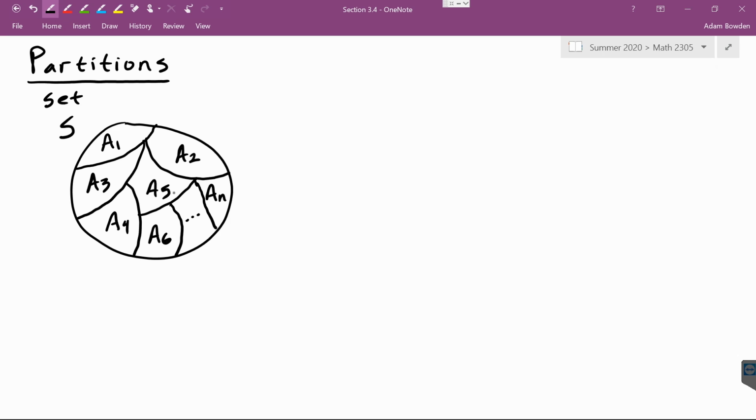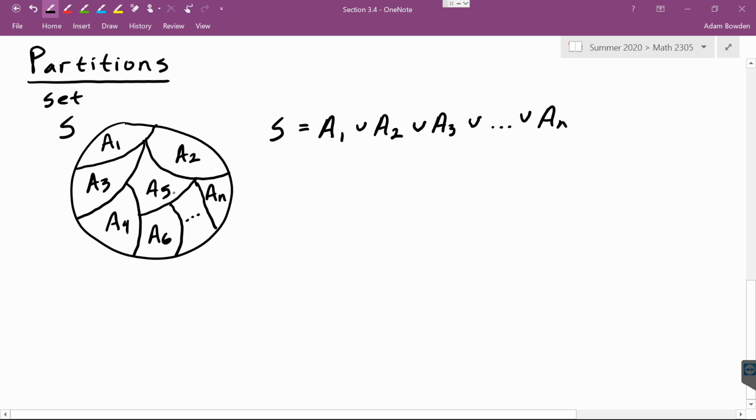And so the set S can be thought of as being made up of the set A1, union with the set A2, union with the set A3, union with all the way up to the very last set, AN. So all the A sets that I've cut the set S into, when put together in a union, join back together to give us the set S as a whole.